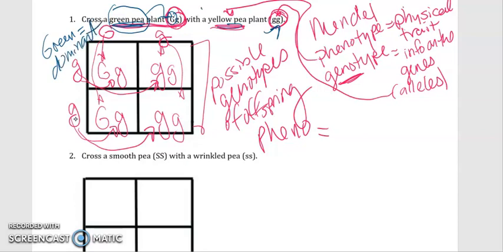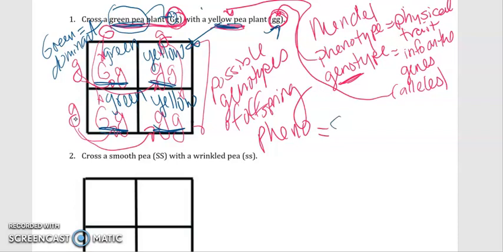You only need one copy in order to see that phenotype. So that is the dominant trait. So here, big G, little g is going to be a green pea plant. Little g over here is going to be yellow pea plant. Big G down here is green. And little g here is going to be yellow.